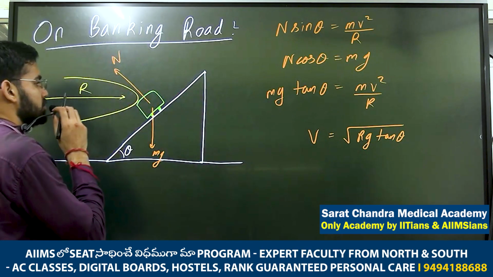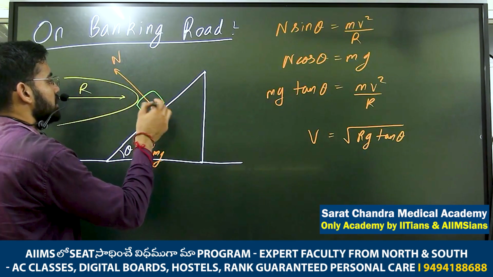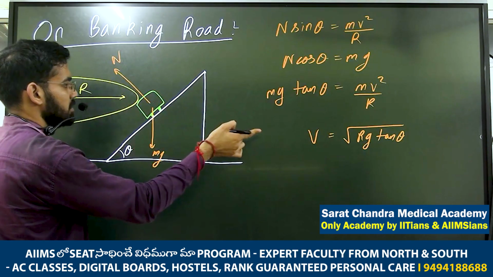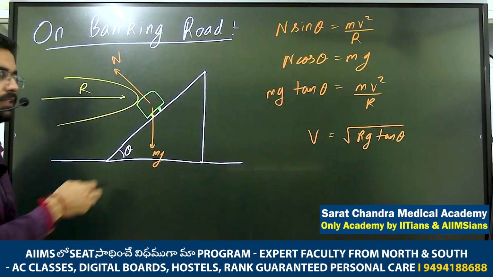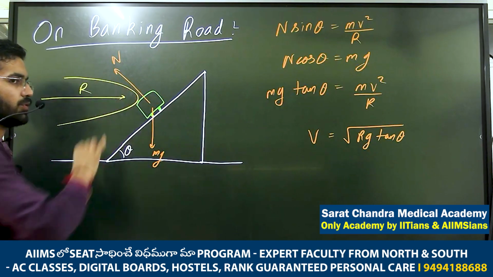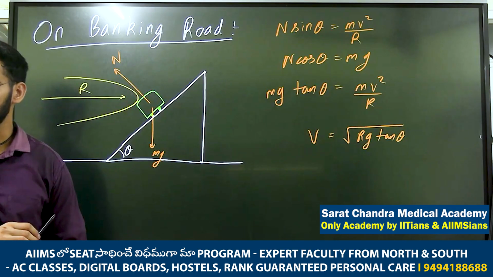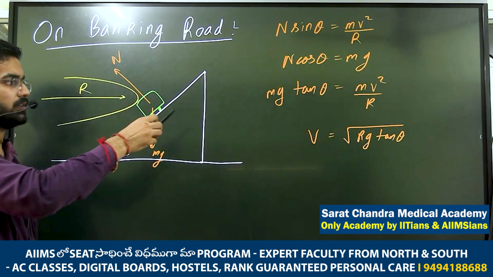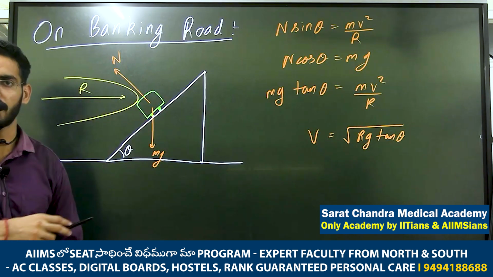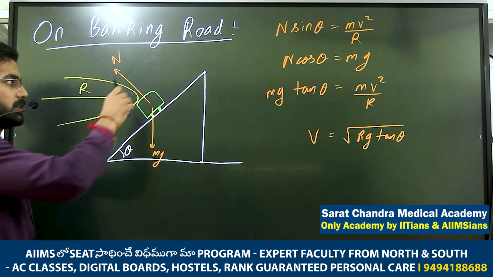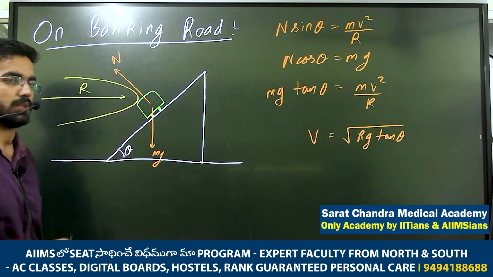So here if I go with v less, then you don't require the n sin theta full component, right? You will not use it properly. If you go with the lower speed, you will not utilize it completely.